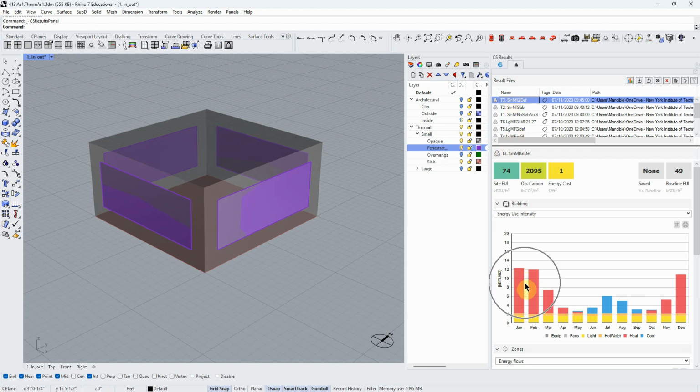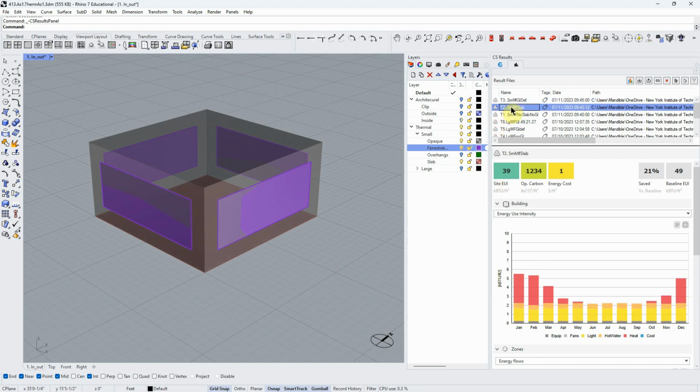So with the glass in the winter, in the month of January, we're using, actually it wasn't 12, sorry. We're at 12 total, but we're going from about 2 to 12, so about 10 kBtu per square foot. And without the windows, we were using about 2, maybe 3. So huge difference in January.